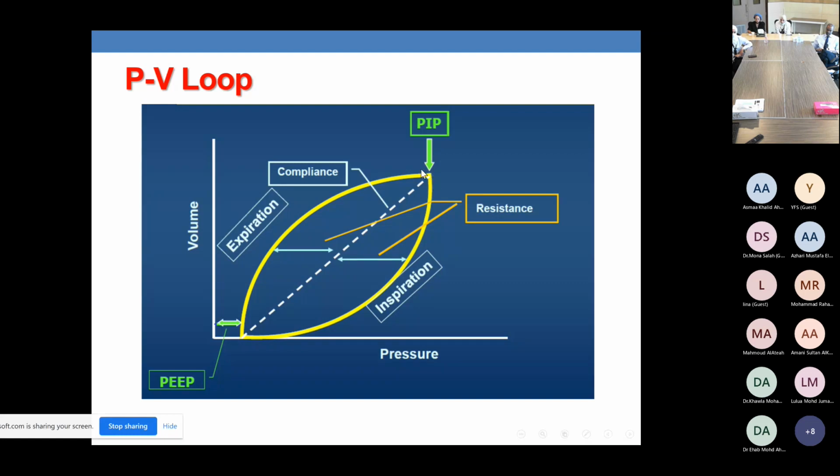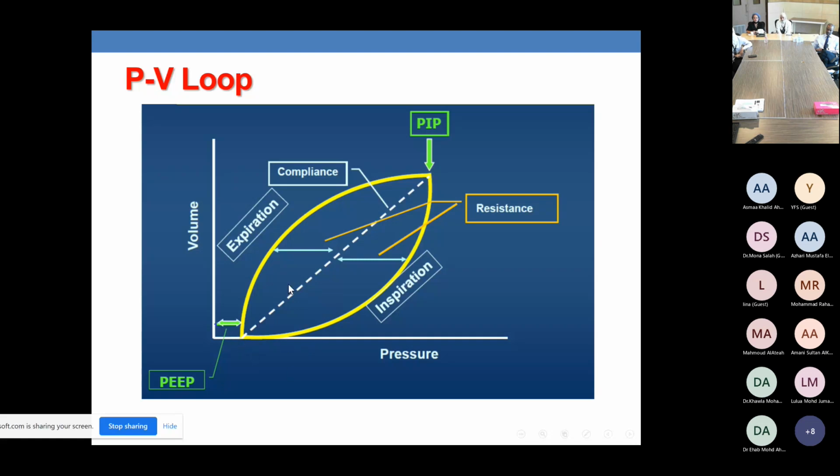Then when the pressure goes down, the lung is still inflated till you reach the critical closing pressure. So there will be a little bit of change in the pressure with a rapid drop in the volume. So this is the critical closing pressure. This is the critical opening. This is the critical closing.